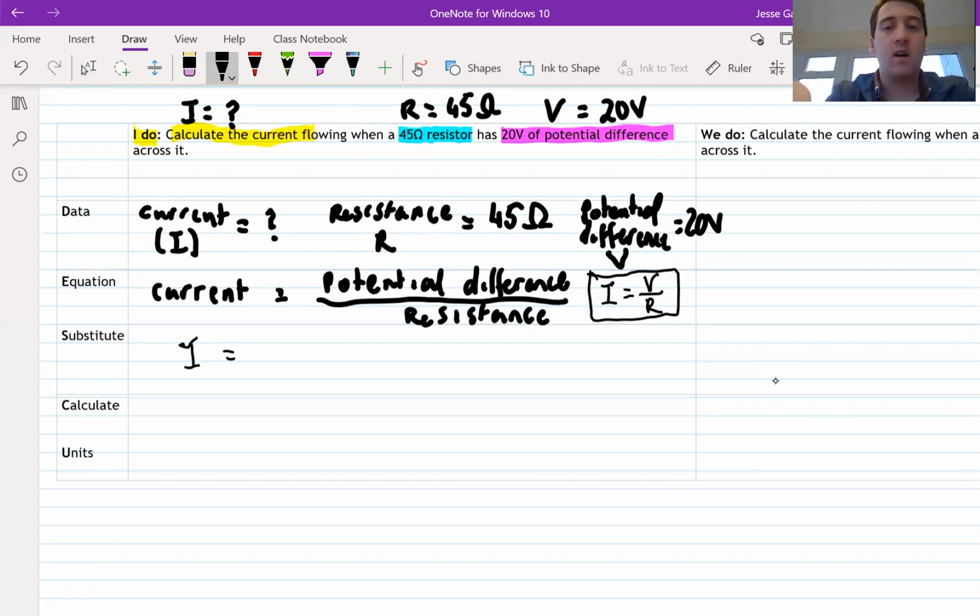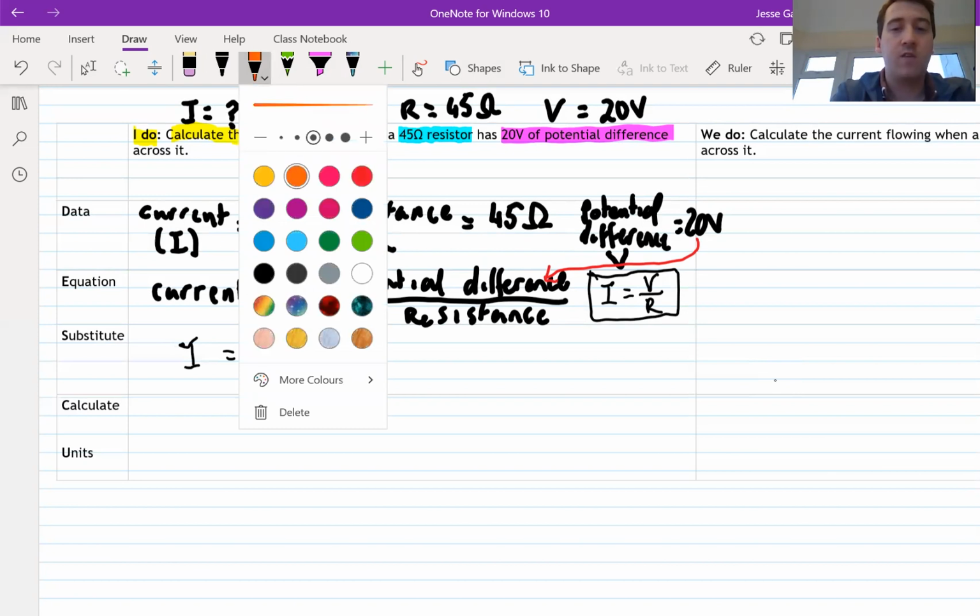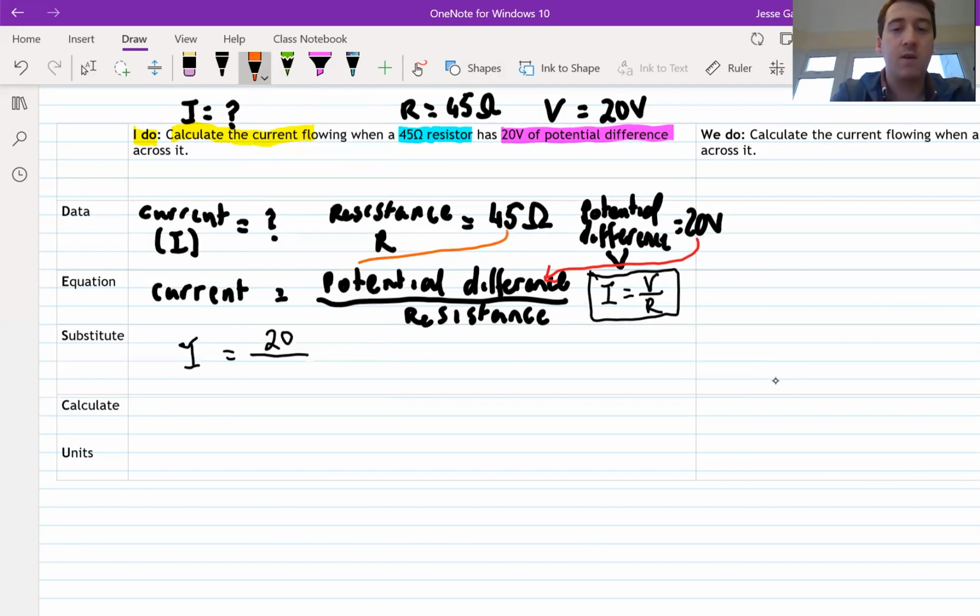Here, I already know that my potential difference is 20 volts, so I'm going to plug that in instead of potential difference. I'm going to put 20 here, divided by my resistance, which is 45 ohms, so I put in 45 instead of the word resistance.